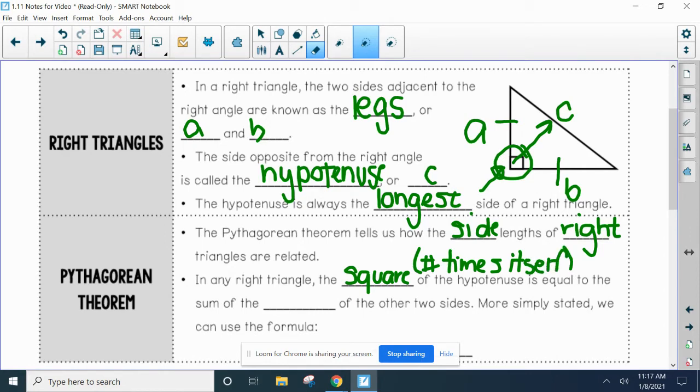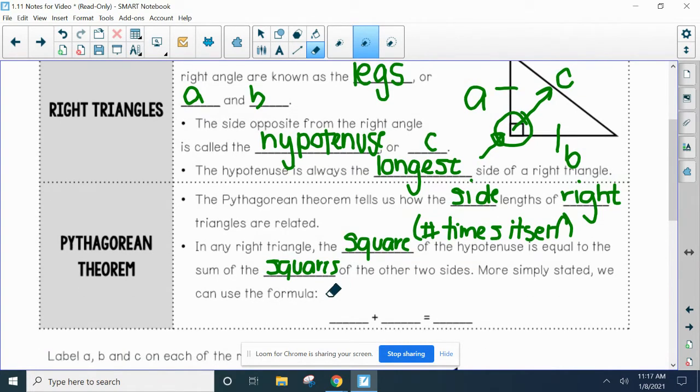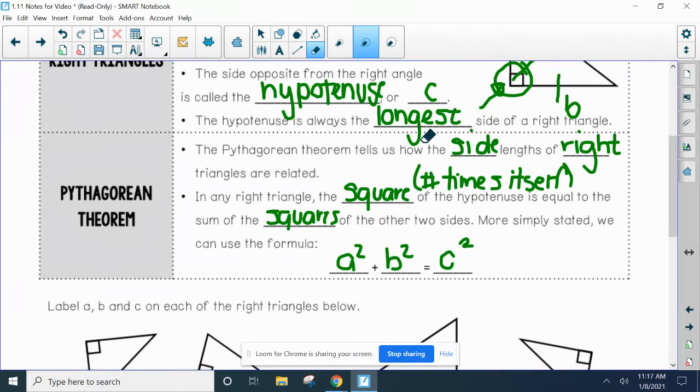So the square of the hypotenuse is equal to the sum of the squares of your legs. It says of the other two sides, the square of the two legs. So more simply stated, we're going to be using the formula leg squared plus leg squared equals hypotenuse squared. So A squared plus B squared equals C squared, because we know A stands for one of our legs, B stands for one of our legs, and our C is our hypotenuse.